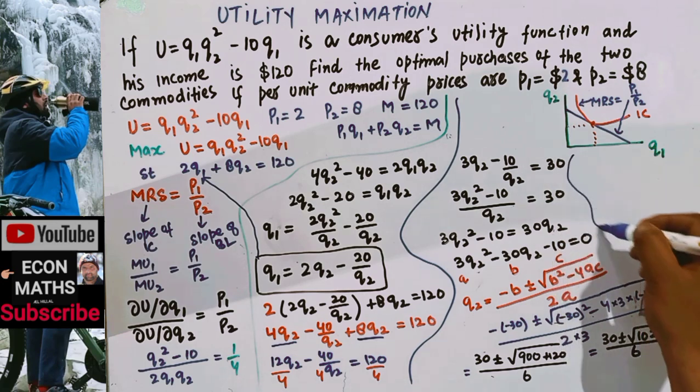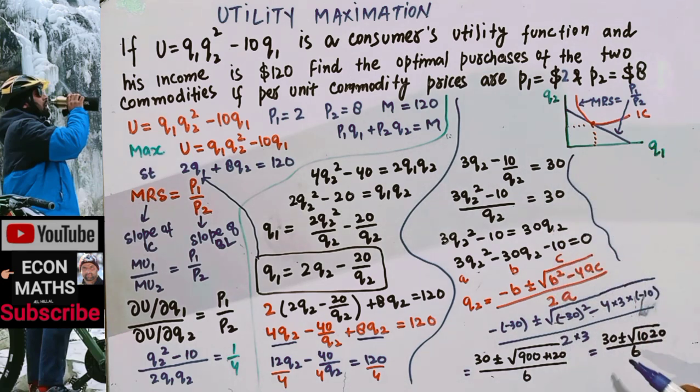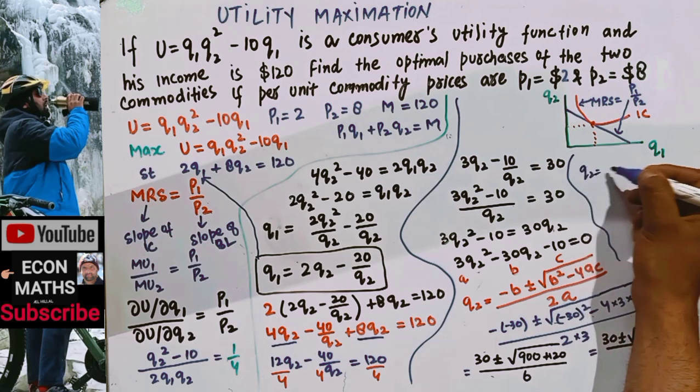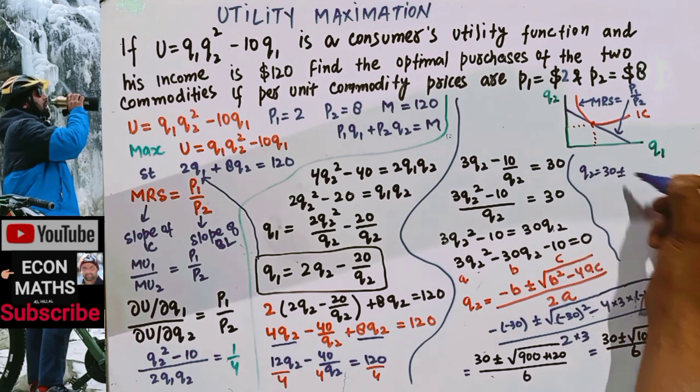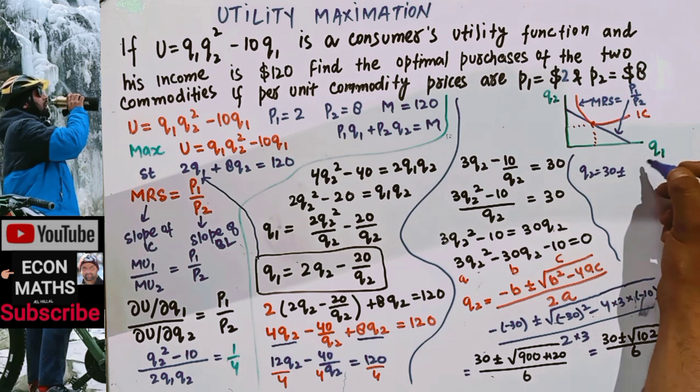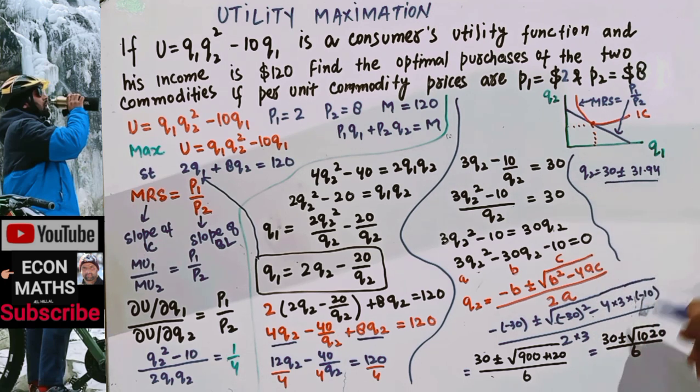So q2 will be equal to 30 plus minus the square root of 1020, which comes out to be 31.94. I have calculated it, divided by 6.